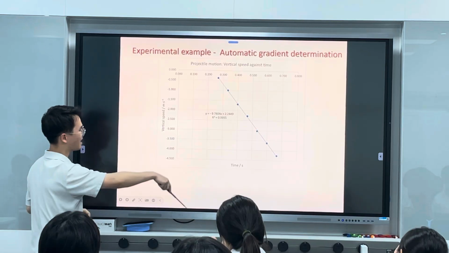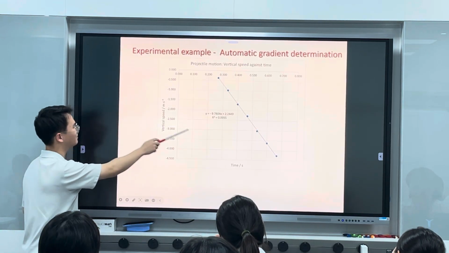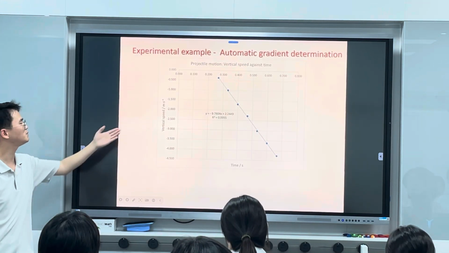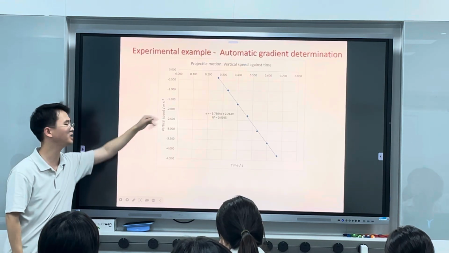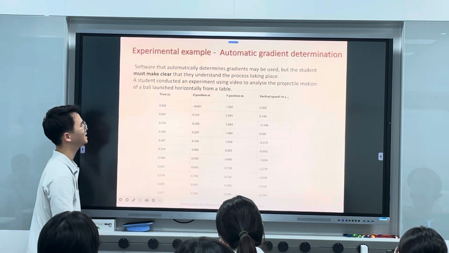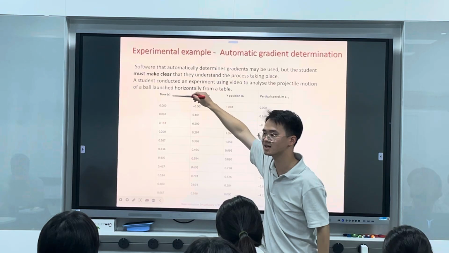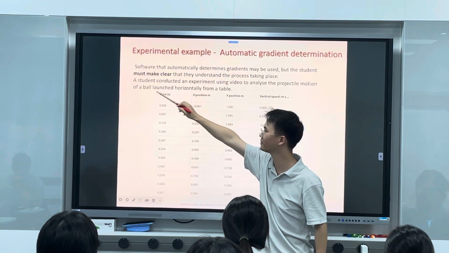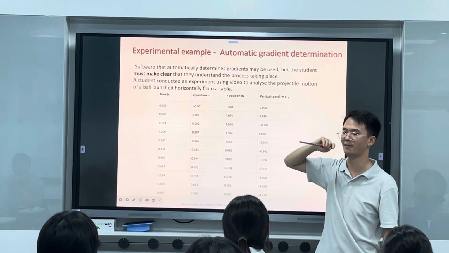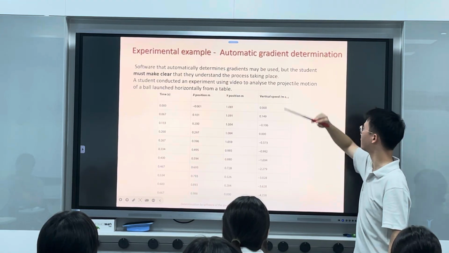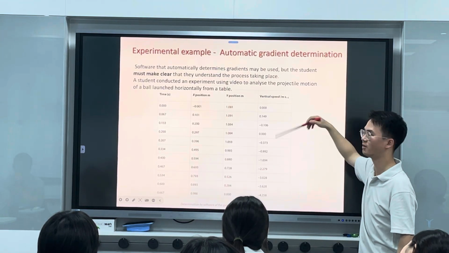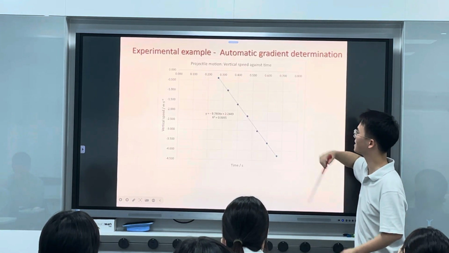In this graph, what we're plugging is the time, vertical speed graph, right? Basically, you're using this column as your independent variable, and which one is your dependent variable? Vertical speed here is your dependent variable. And then you get a graph like that.